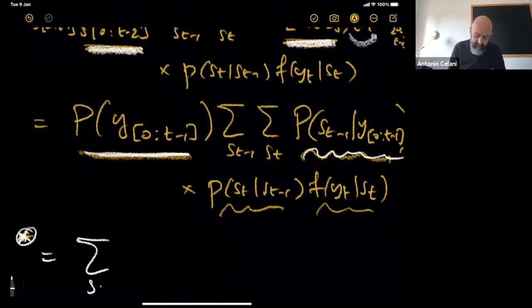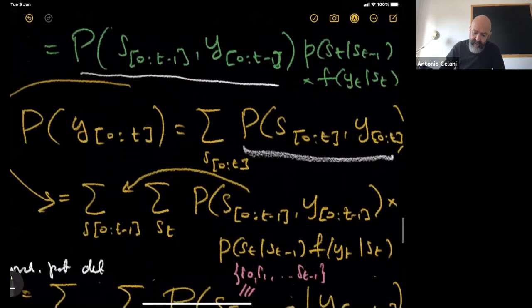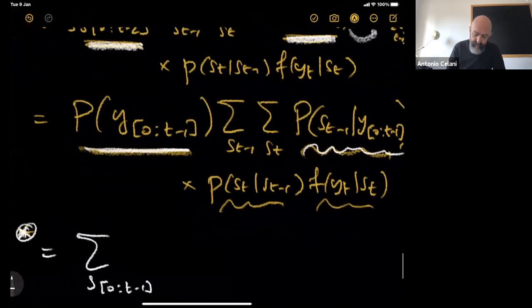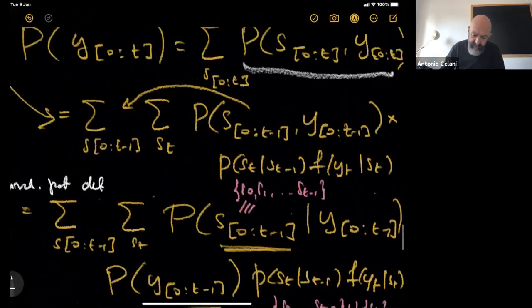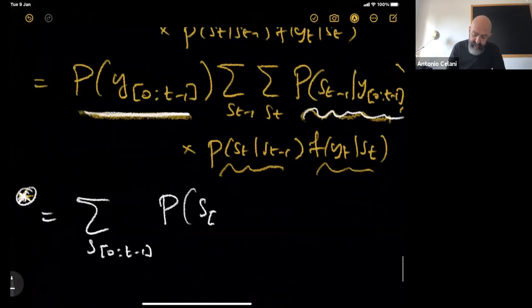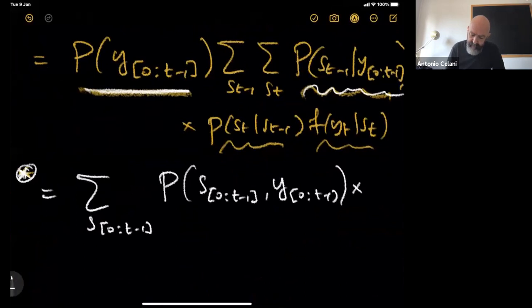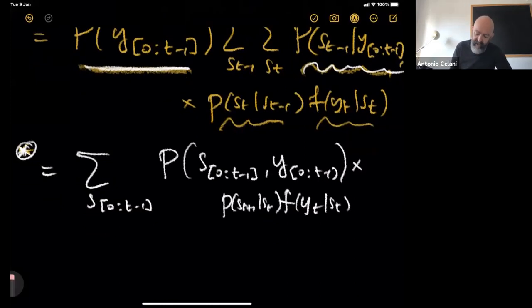It's a sum of states from 0 to t minus 1. And then the green part above, it's the joint probability of observations from 0 to t minus 1, times the observation at time t, and the transition. Okay, so this is the numerator.